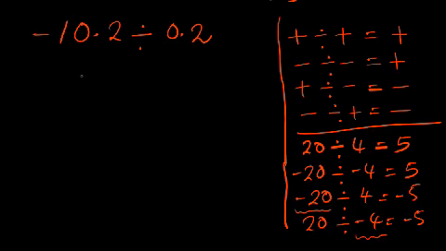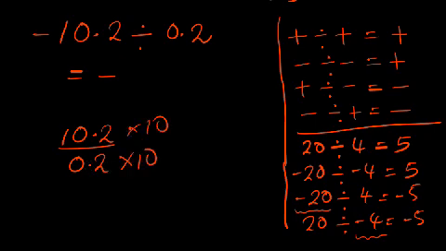So here also, the question is negative 10.2 divided by 0.2. So our answer will be negative. Why? Only the dividend is negative. Then we can do the same thing. 10.2 divided by 0.2. I have to make the divisor a whole number, times 10, times 10.